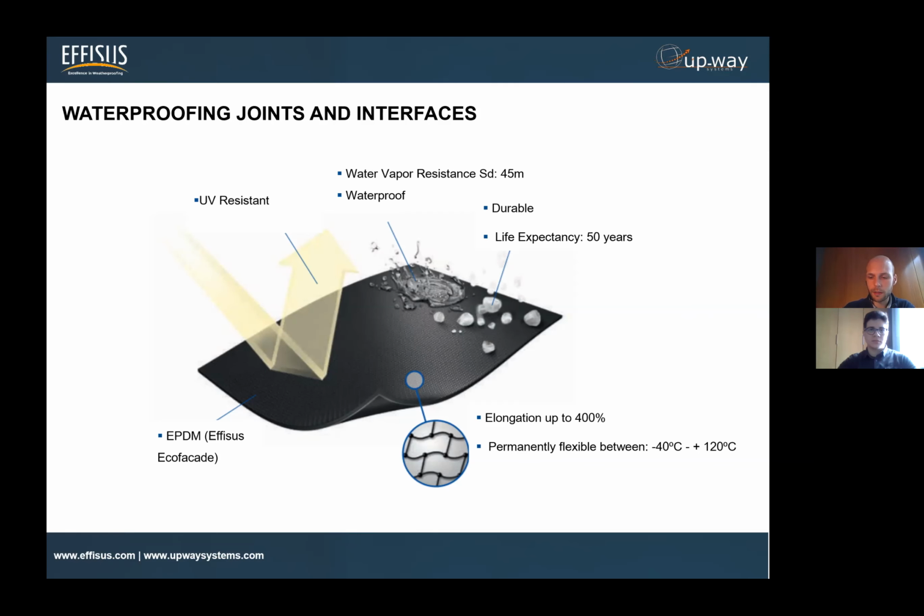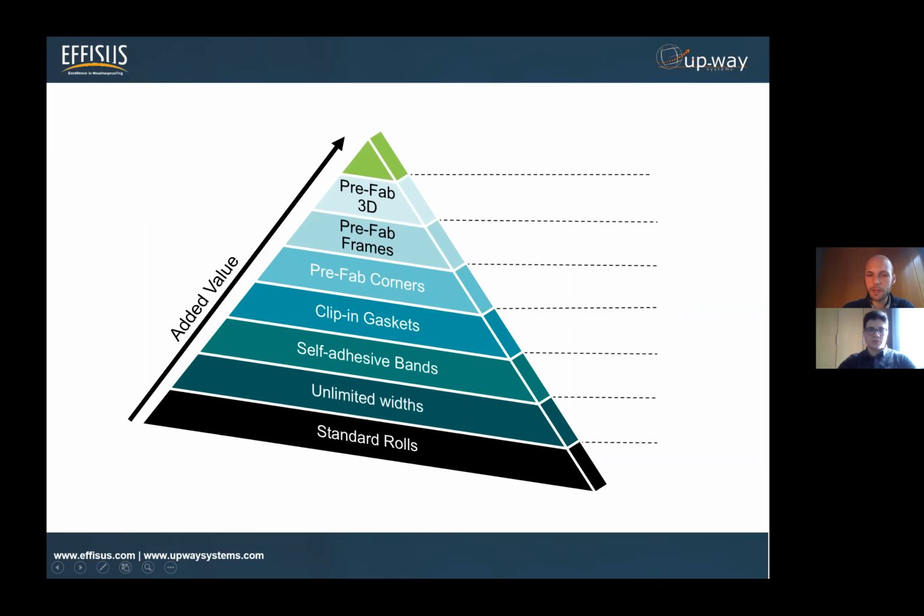As João was highlighting, very interesting features on EPDMs, and we can even customize them pretty much as we're showing in this scheme. So at the bottom level, we have the standard rolls, as the market is used to, providing standard width, standard thickness, standard dimensions, and people on site or at the factory just use them as they want, cutting, slicing, everything as they need.